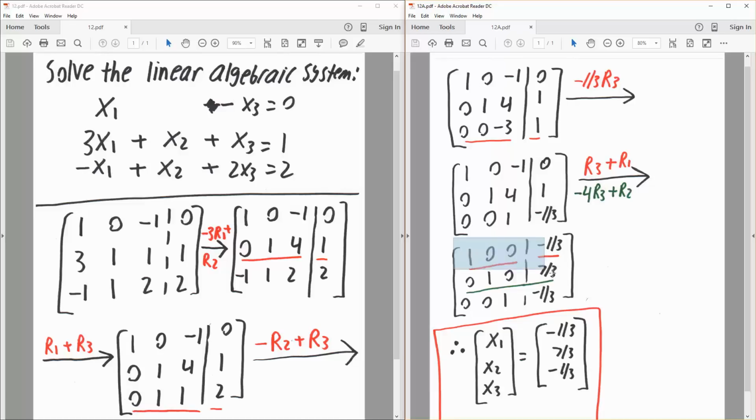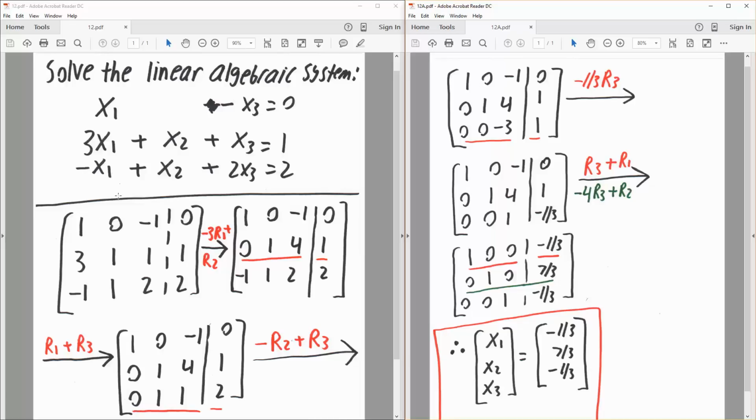And now we have it in a nice form that we can get our final answer for x1, x2, and x3. And so we're saying that this line right here is representing x1, this is x2, and this is x3. We're saying this because initially when we did this, we said x1 was 1, x2 was 0, and negative x3 was negative 1.